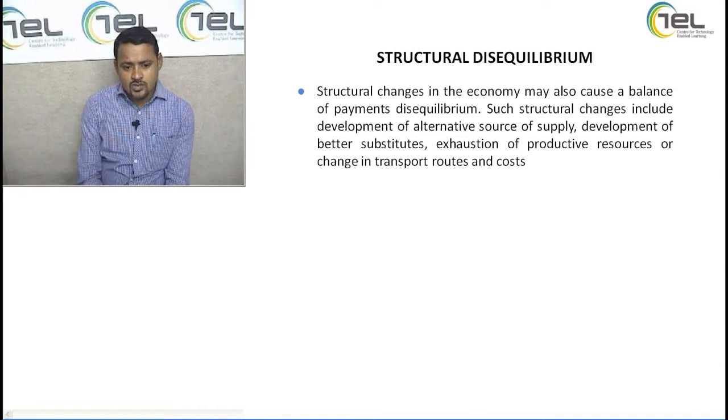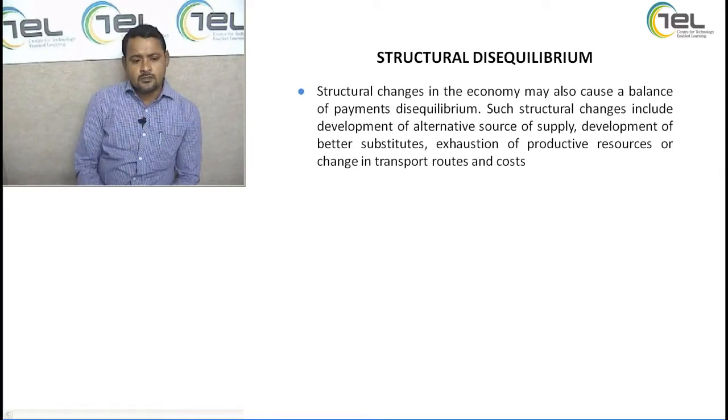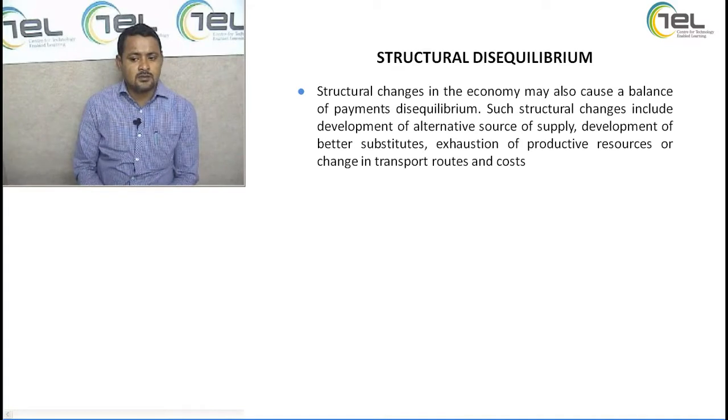Such structural changes, like 10 years back we hardly had internet connections, but now we have more than 500 million internet connections in India and more than 750 million mobile subscribers. 2G has come, 3G has come, and then there is talk of introducing 4G in India. Such structural changes require a large amount of alternative investment.